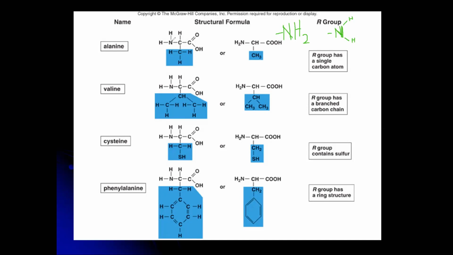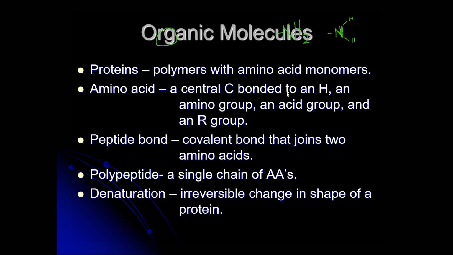So we can see that's our amino group, central carbon, and the hydrogen. Now what else did it tell us the structure needed to have? I can't go back because I drew. An acid group and then the R group.